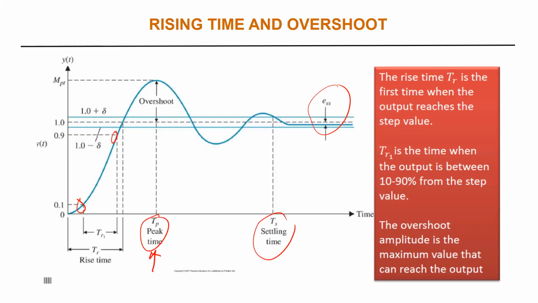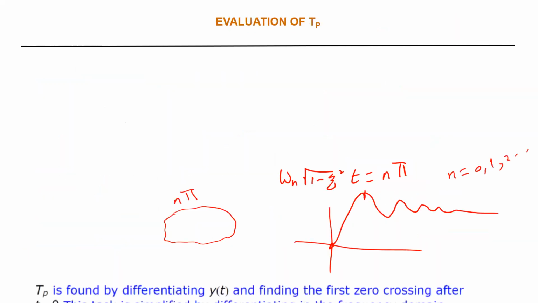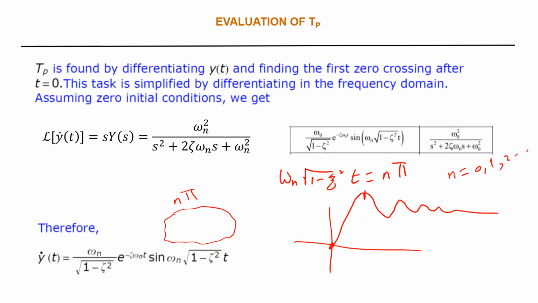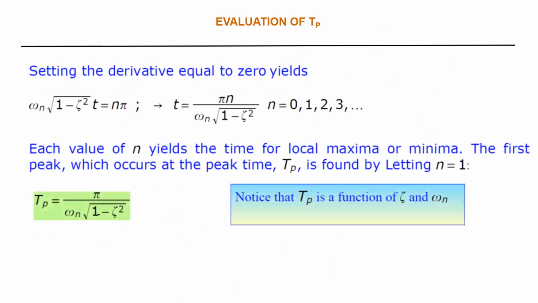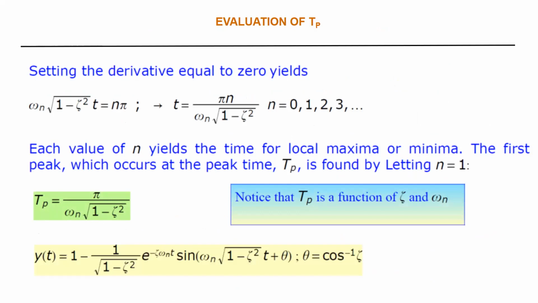Okay, now if I want to find the overshoot, how do I find it? I substitute Tp into y. If you remember, this is y. Now substitute Tp equal to this quantity. What will happen to this one?